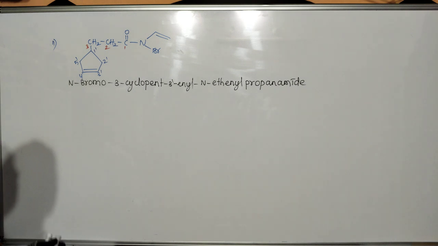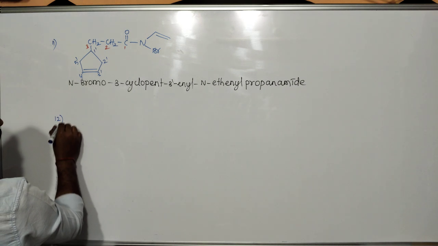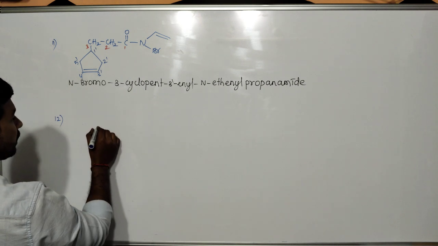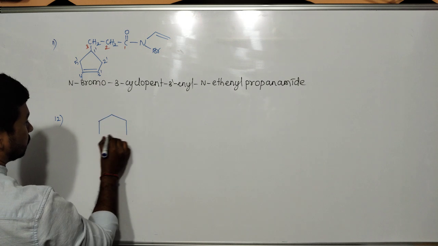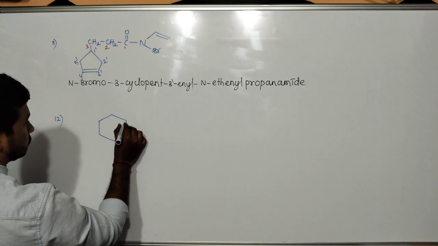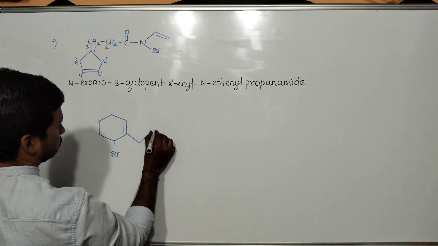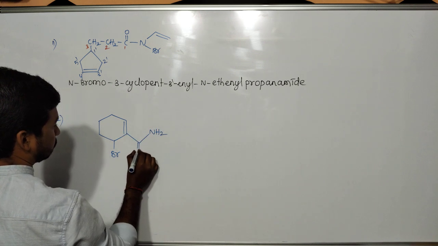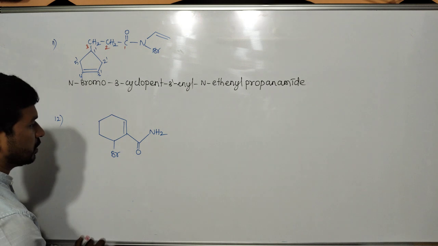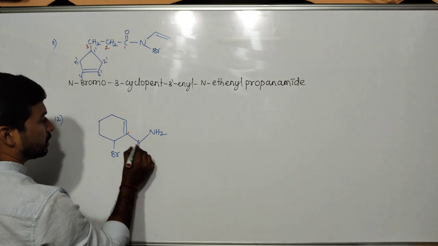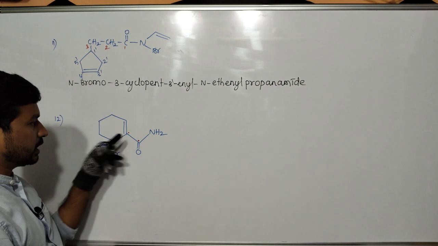Next, one more example. If the molecule is like this. See here, this carbon atom, the functional group carbon, is directly attached to the ring.